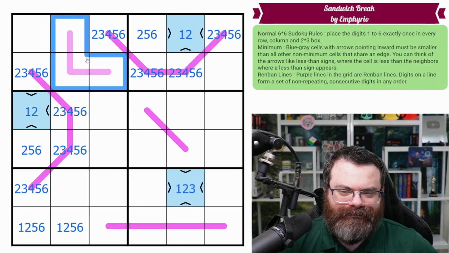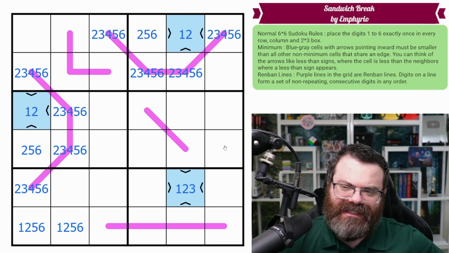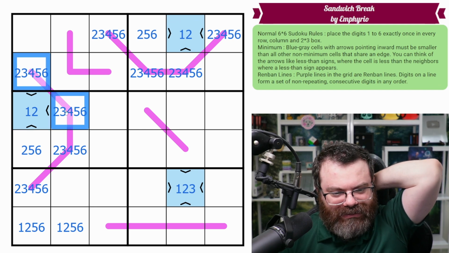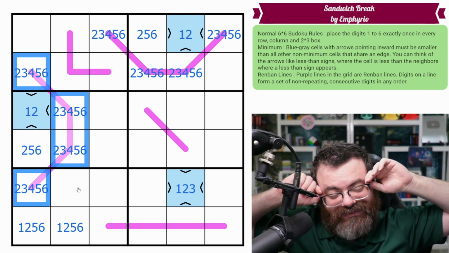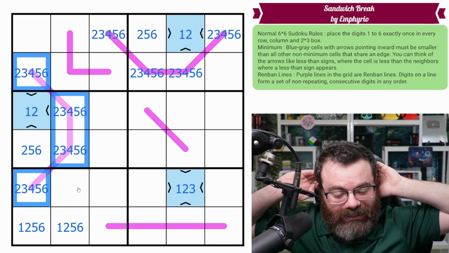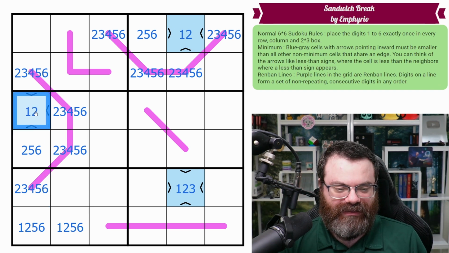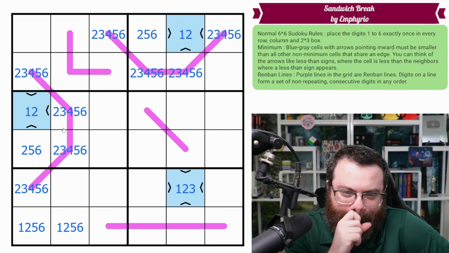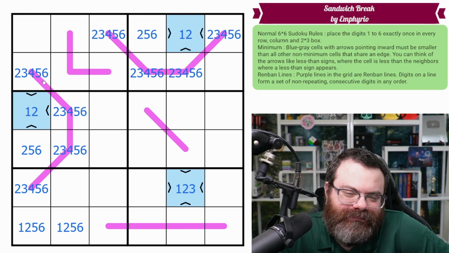Okay. What am I missing then? Is there a problem with 3, 4, 5, 6 for some reason? Not that I can tell. It would force this to be 2 and this to be 1. Does that 4, 5, 6, 2, 1?